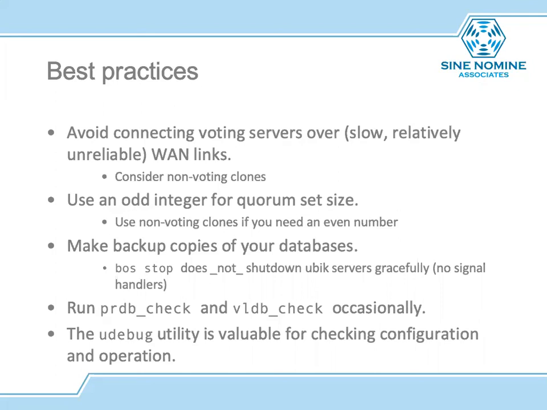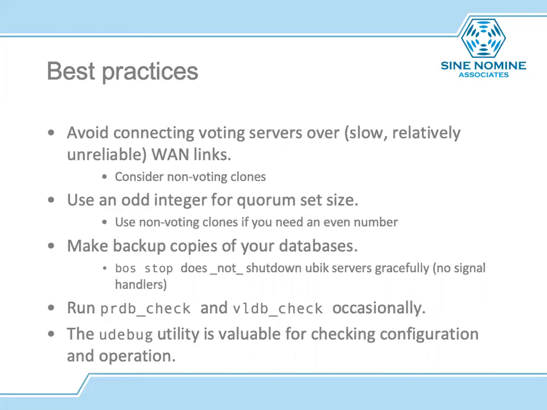Make backup copies of your databases, because bos stop does not shut down Ubik servers gracefully, as there aren't any signal handlers in the DB servers. Make sure that you occasionally run the utilities that check the referential integrity of these databases, because there's nothing really in Ubik that guarantees that.